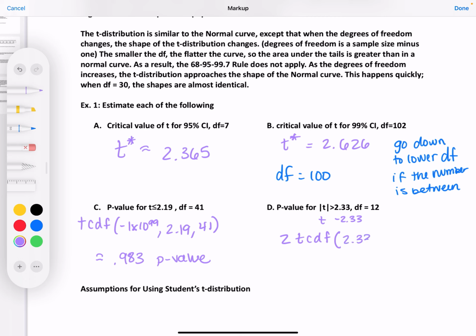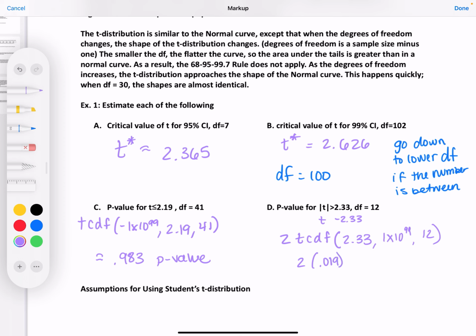So it's going to officially say 2 times TCDF of, since it is greater than that value, the 2.33 is going to be our lower value. Upper value can be the 1 times 10 to the 99th. And then degrees of freedom 12. I got this. Boom. So then you just go do the TCDF again. What'd you get?